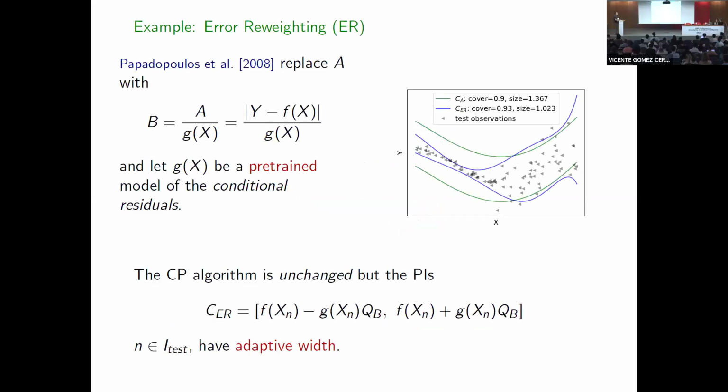Okay, so here I implemented the motivating example in the toy model. You can do the same: you fit a pre-trained model, you fit a model of the residual, and you reweight, and you see that when you invert the transformation, you get something that is more adaptive over the input space.